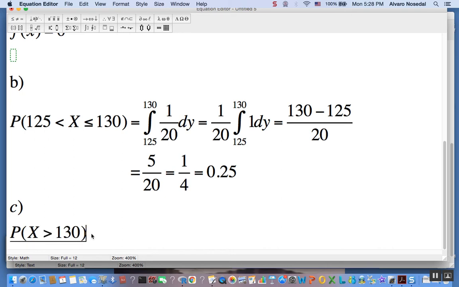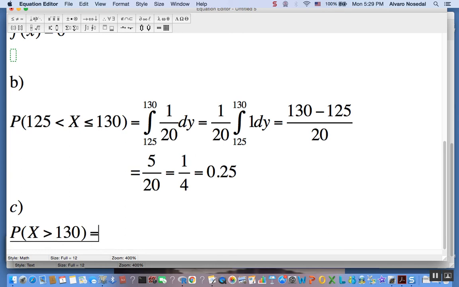Now, remember that in the case of a continuous random variable, even if I used greater or equal, that would yield the same result as strictly greater, because one point for a continuous random variable doesn't make a difference. We already discussed this in another video, but it is not bad to remember that.